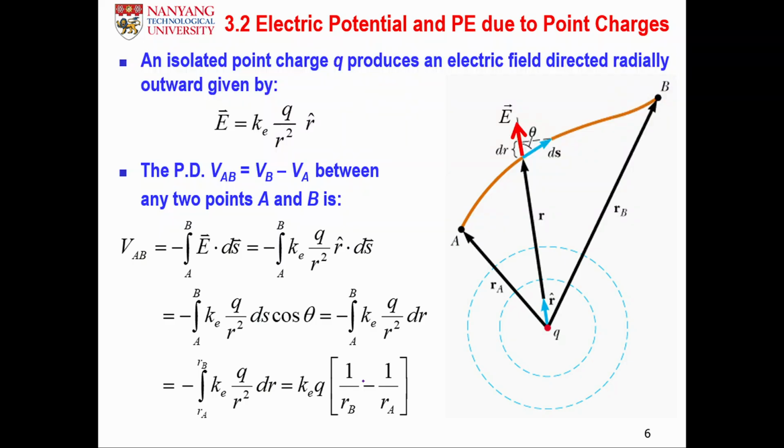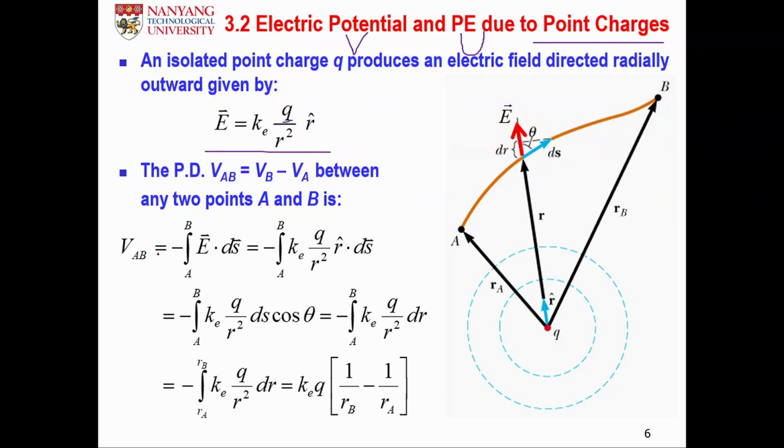Then we quantify this parameter for the most basic scenario, a single point charge. So now we are doing this for V and U, the potential energy. First, we already have E due to point charge Q. Now we need to derive V from E.